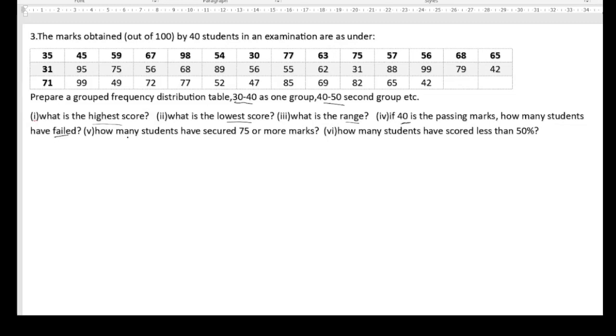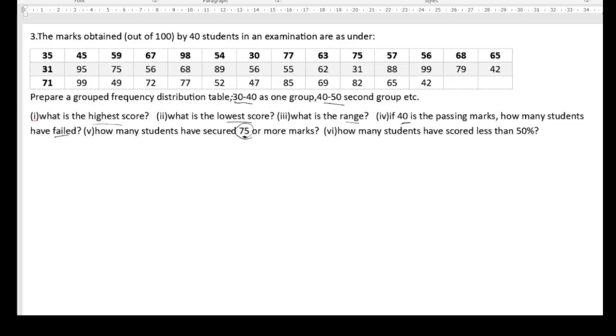Then we need to find how many students secured 75 or more marks, and how many students scored less than 50%.